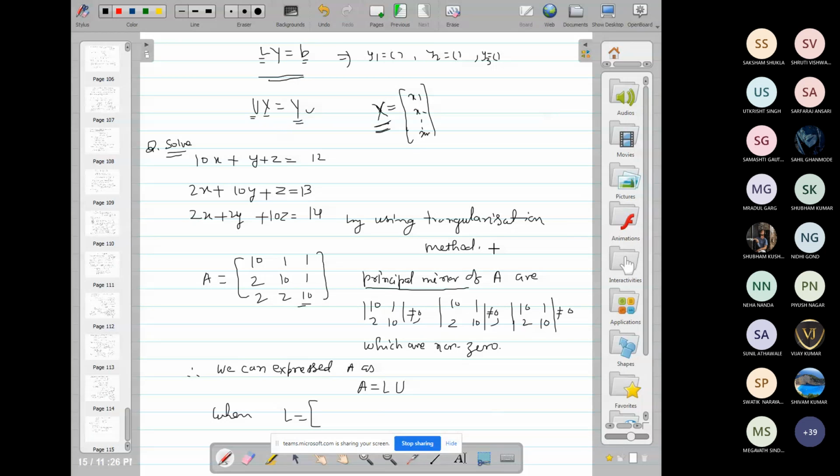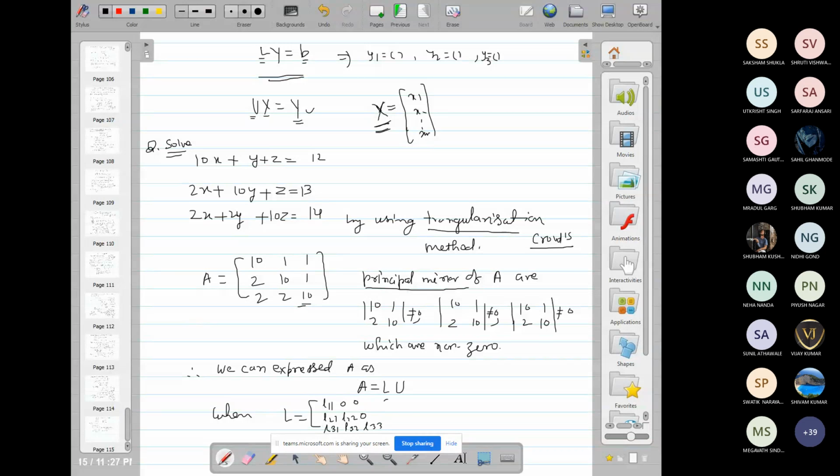We can take Uii equal to 1 here, whether it is written as the Crout method or the triangulation method. If it is written as the Crout method, then we need to consider Uii equal to 1. So here L will be L11 0 0, L21 L22 and 0, and third row L31 L32 L33.